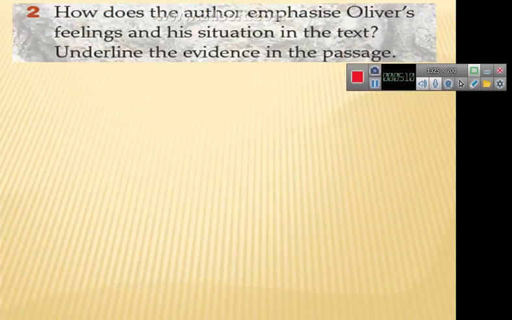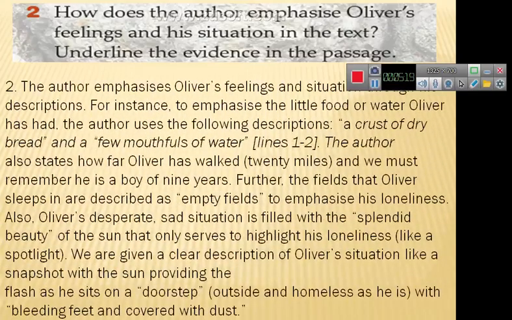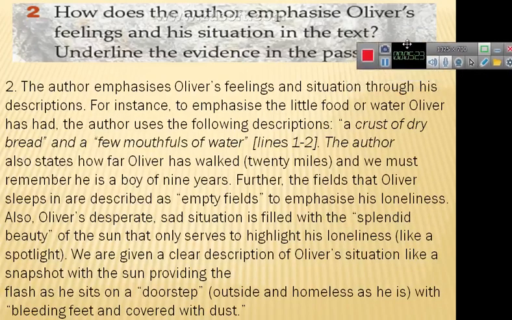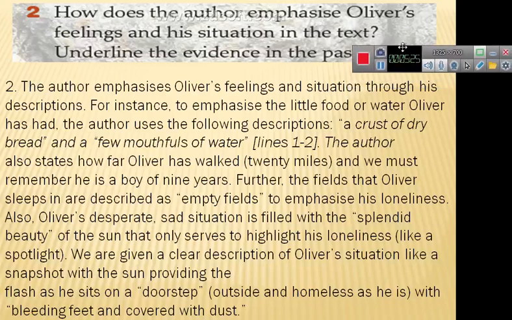Question number two: how does the author emphasize Oliver's feeling and his situation in the text? Underline the evidence in the passage. The author emphasizes Oliver's feeling and situation through his descriptions. For instance, to emphasize the little food or water Oliver has had, the author uses the following description: a crust of dry bread, a few mouthfuls of water.